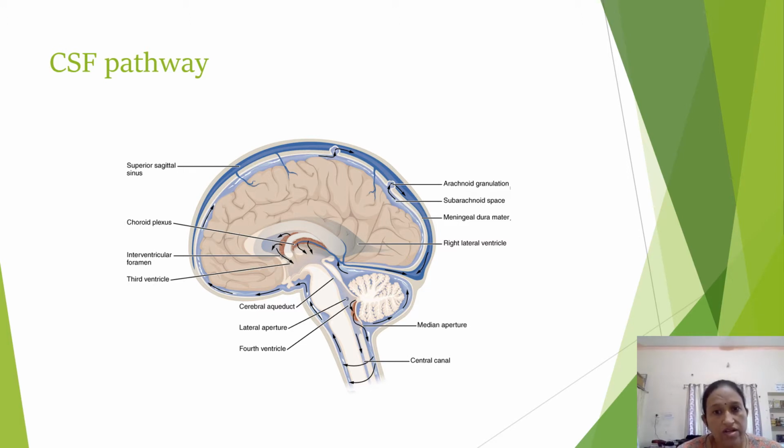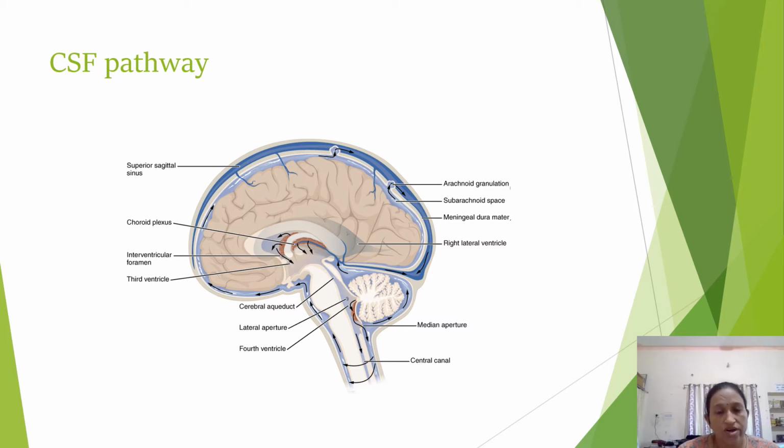From the third ventricle, through the aqueduct of Sylvius, which is a very narrow pathway, it comes in the fourth ventricle, and from the fourth ventricle, it exits from it through the median foramen of Magendie and lateral foramina of Luschka, and then it comes in the subarachnoid space and it actually surrounds the whole of the brain because it is acting as shock absorber for the brain, and from here it is absorbed or reabsorbed through arachnoid granulations and then it is drained into the sinuses of the brain. So this is the normal pathway.